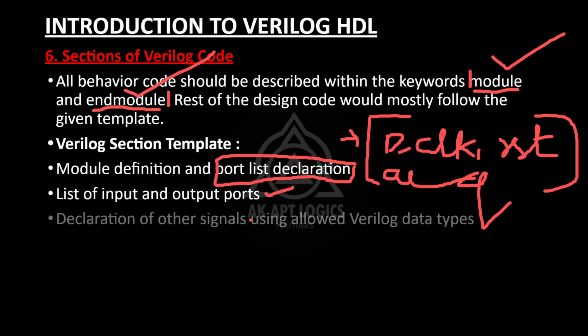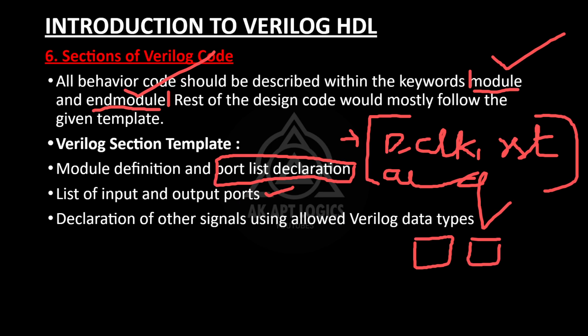Next, declarations of other signals using data types. Sometimes we require some internal signals, which are neither input nor output. If you're going to build a 4-bit ripple carry adder, the internal carries will be neither input nor output.